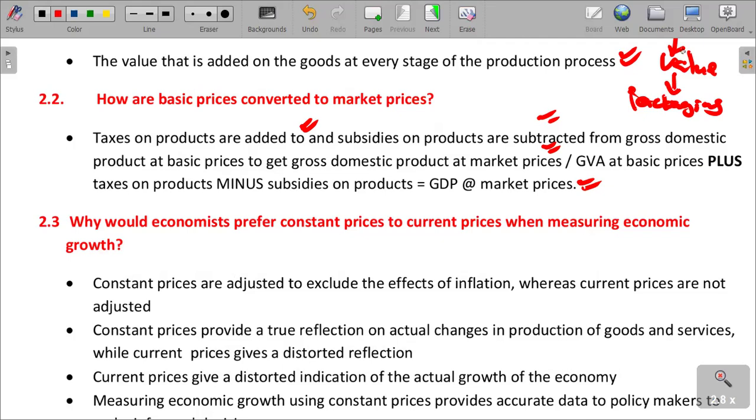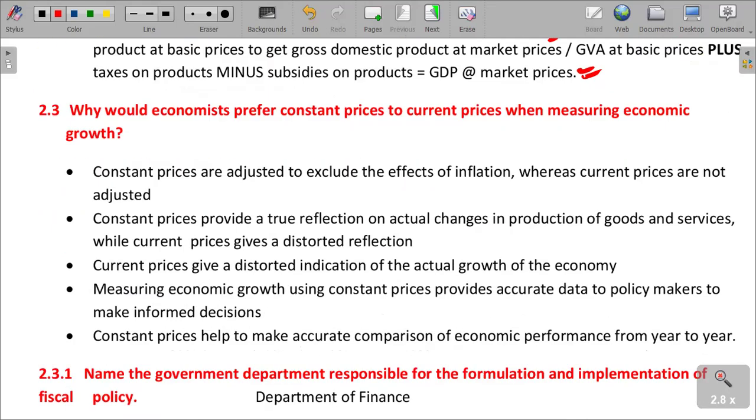So they are subtracted, because it is money that the government has already given at basic prices, to get our gross domestic product at market prices. Therefore, we also add taxes on products. Taxes on products are also finances that the businesses incur. And then we subtract subsidies on products, and therefore we get our gross domestic product at market price.